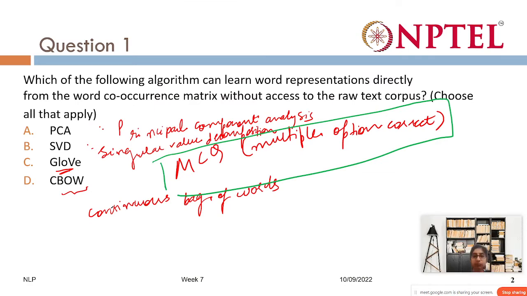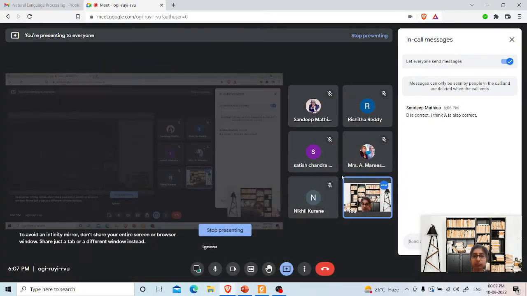What about option C? Okay, shall I discuss the answer? Please unmute if you're still solving it. Let me know, otherwise I shall discuss. Am I audible? Yes, ma'am. Okay.